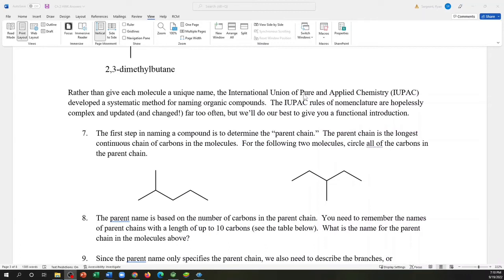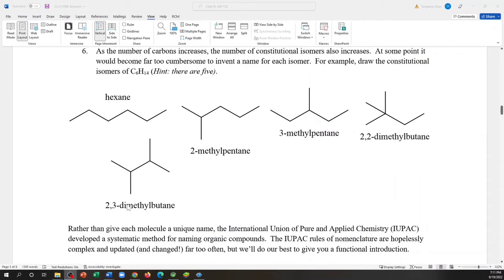The semantics here are a little tricky, but you can't say that something has a common name and a different IUPAC name, because the IUPAC allows for common names. So I typically try to say that there are common names and there are systematic names, and both of those fall within the IUPAC. What we're looking at here is a bunch of systematic names.